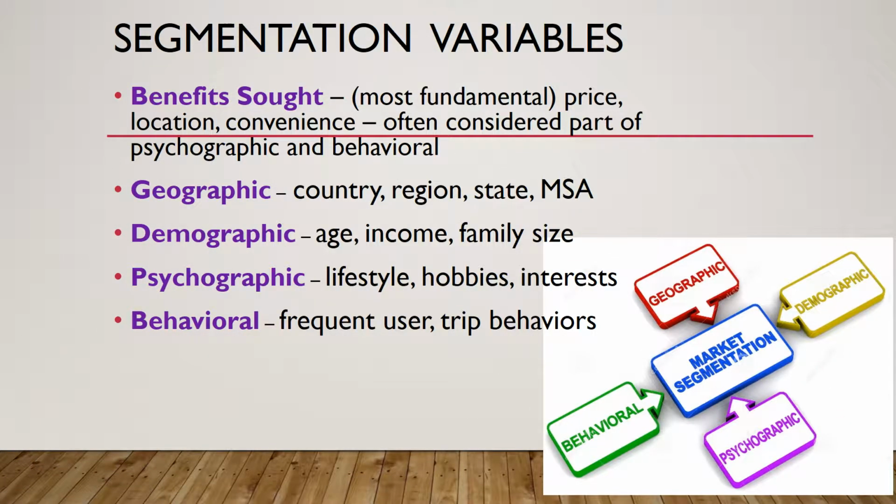So you now know the four major criteria that are used for developing different and effective market segments. However, as the video described earlier, there are a variety of different ways that we can create the segments and different variables that we can use. One of the most common early on was a demographic variable such as income, family size, or age.